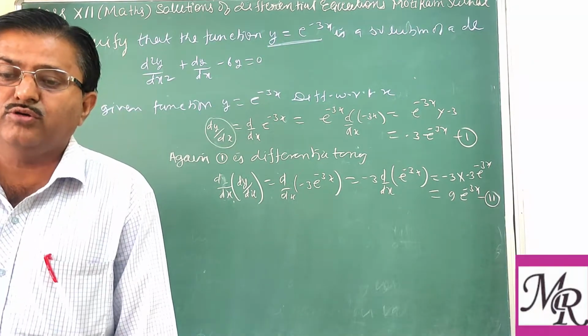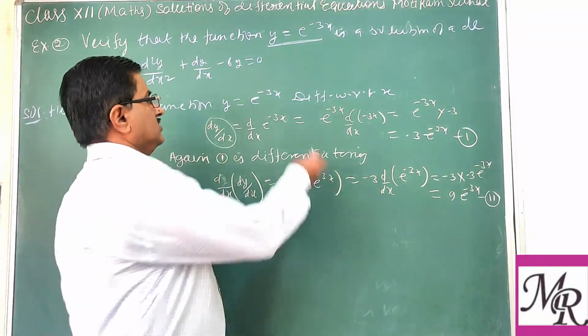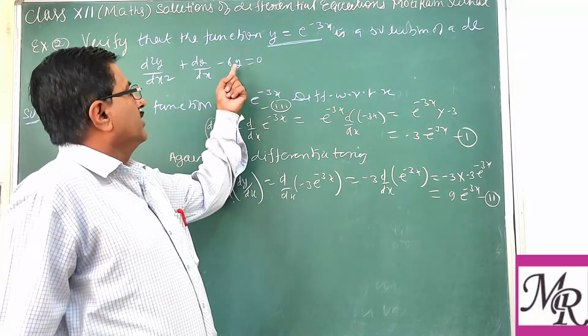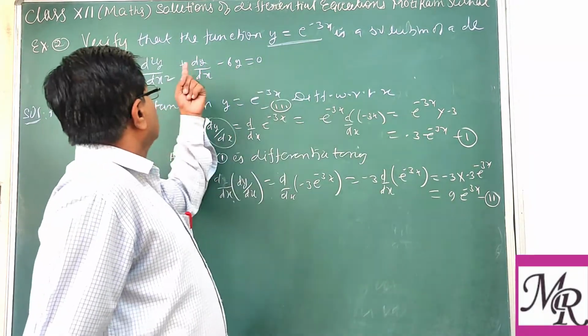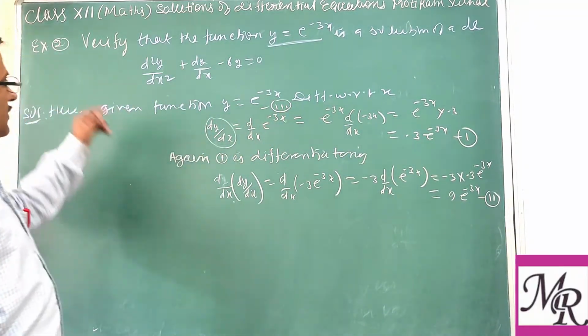Clear? Now you put all these values. This is equation suppose third. The given value is y, the value of dy by dx is from the first, and d square y upon dx square from the second.